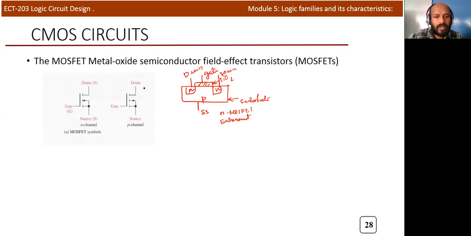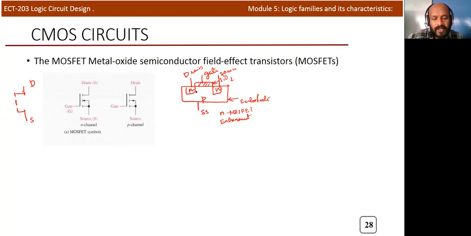Now if you take this enhancement type MOSFET, here you can see the symbol in figure A: one terminal drain, another terminal source, and the center portion is indicating the substrate.